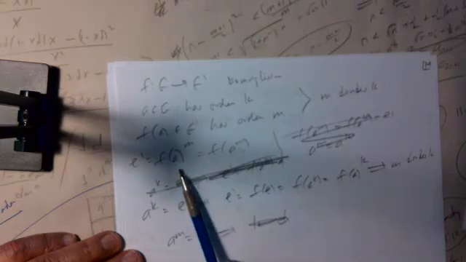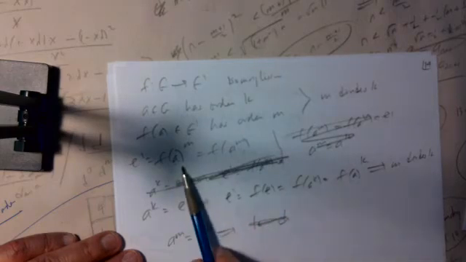So f of a to the m is e prime, f of a to the k is e prime, so m divides k. Oh, sorry.